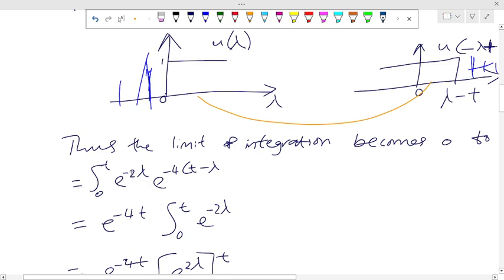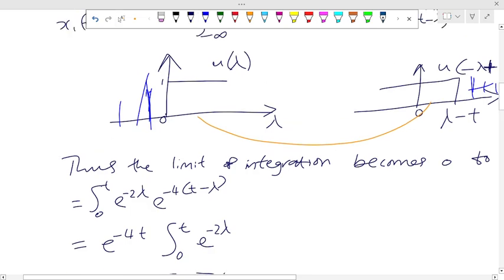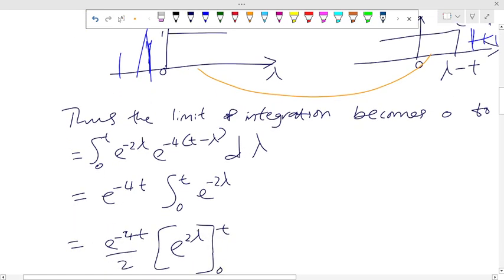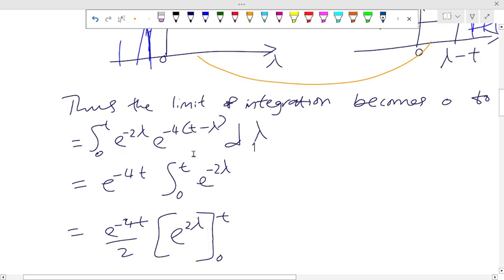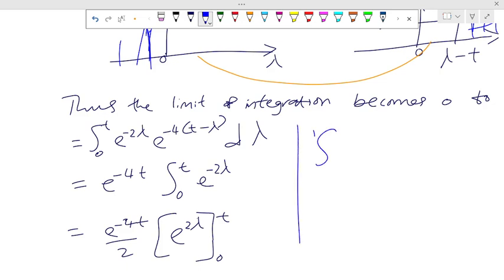Now, since we are differentiating with lambda, what we do here is this. Let me just write that out. This is the integral from 0 to t.